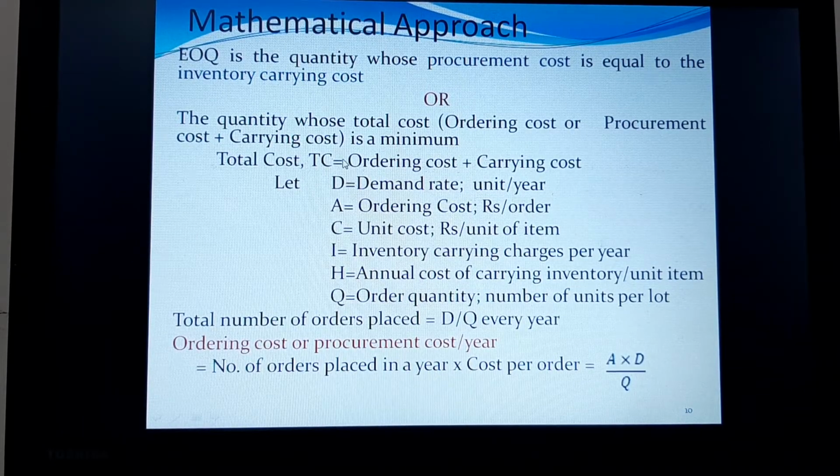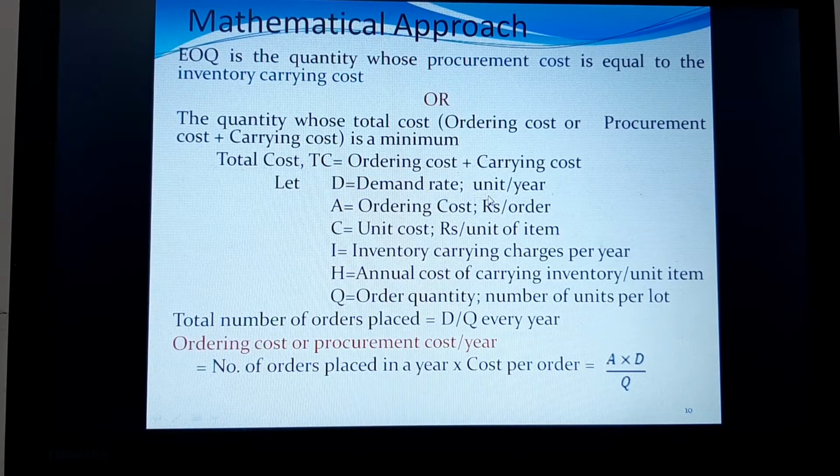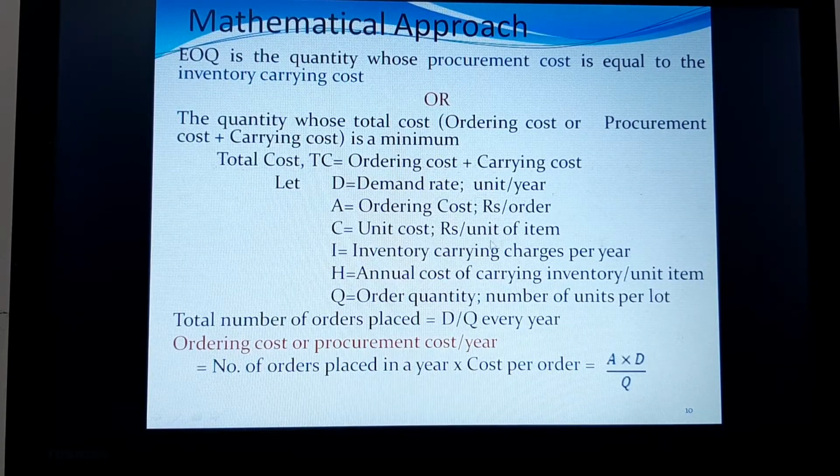Here let us see some of the terminologies. The total cost is TC, ordering cost plus carrying cost. Certain terms we come across: D is the demand rate, that is how many units per year. Ordering cost, how many rupees per order, is generally termed as A. C is the unit cost, how many rupees per unit of the item.